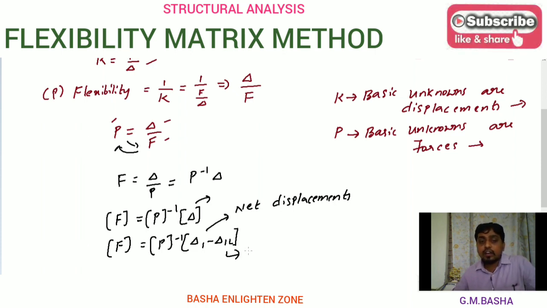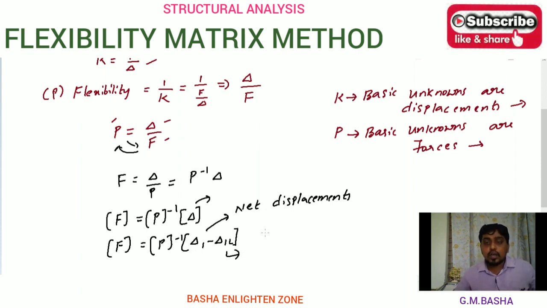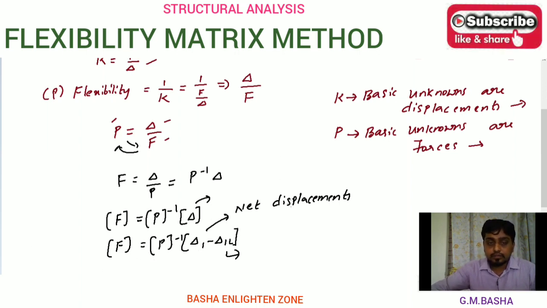Remember that: it is based on the applied loads given in the question. But delta 1 will be the net displacements. So overall delta can be written as delta 1 minus delta 1L. This is the general equation for the flexibility matrix method.